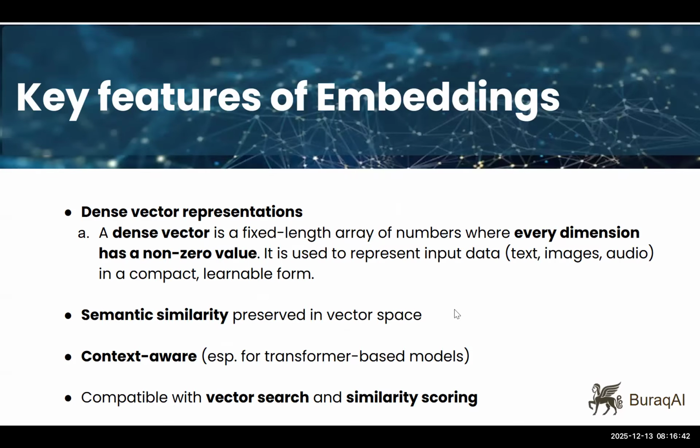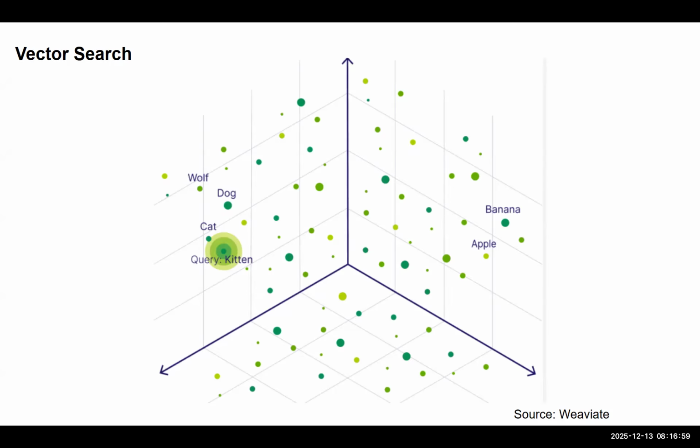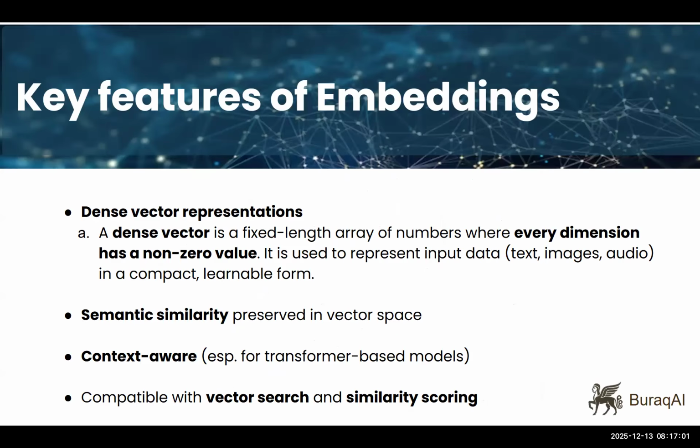Context aware means it will take the entire context of the sentence, not just the words and their meanings, but how the word is used in the entire context. Let's say apple is used in the context of a fruit, like we see here, and then it's closest to banana. You can also use apple in the context of a phone, an iPhone.